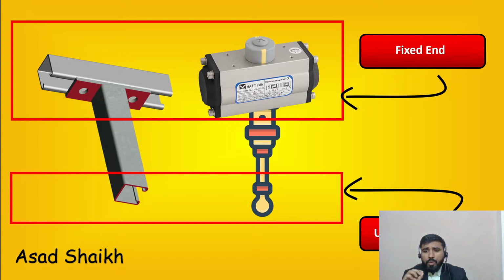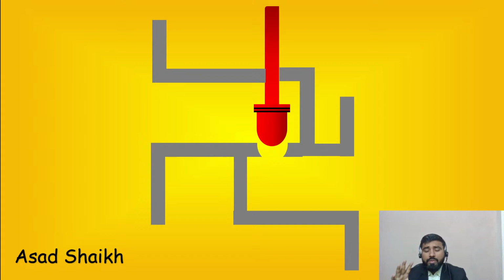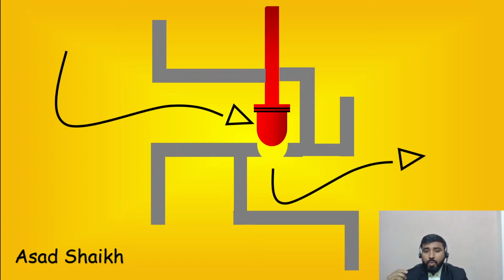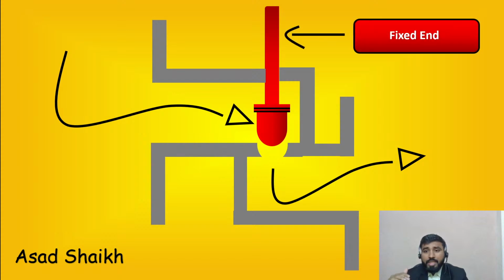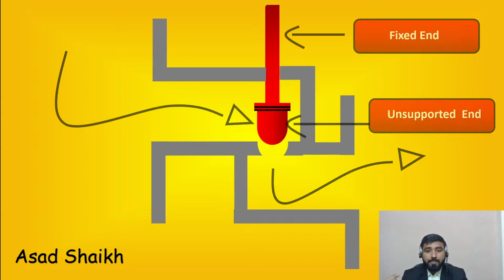For any valve application, this is how your fluid is flowing through the valve. So this end is your fixed end and this end is your unsupported end. I hope this concept is now clear of how it relates first to the civil department, and then we will understand what the issue with this design is.